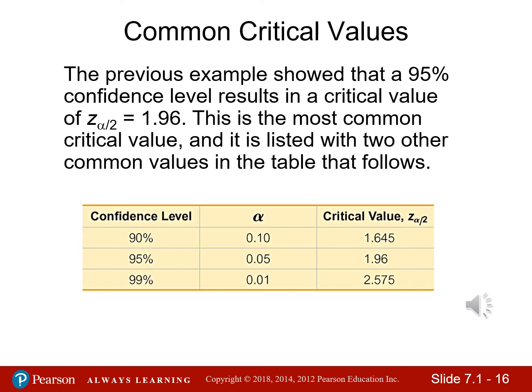We can have a 90% confidence level where alpha is equal to 0.1 and our critical value would be 1.645, or a 95% confidence level where alpha equals 0.05 with a critical value of 1.96. Or another commonly used confidence level is a 99% confidence level, where alpha equals 0.01 and the critical value is equal to 2.575.